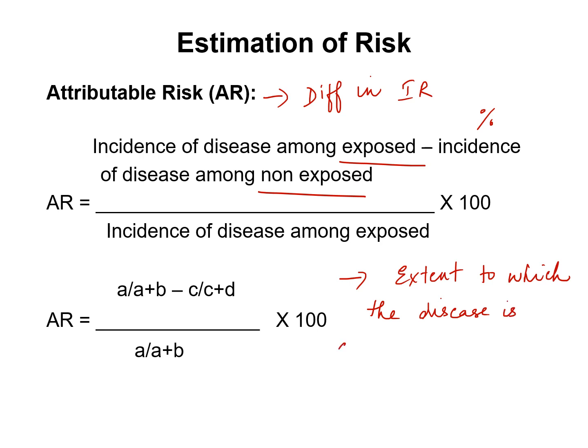For example, if in a study of smoking and lung cancer, attributable risk is 60%, what does that mean? It refers to 60% of lung cancer being due to smoking. So this is all about attributable risk.